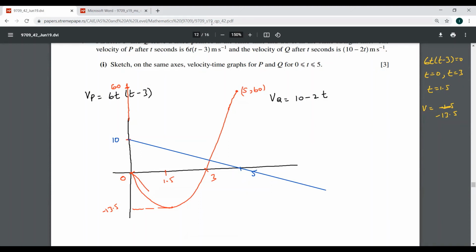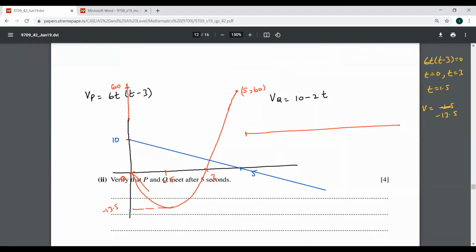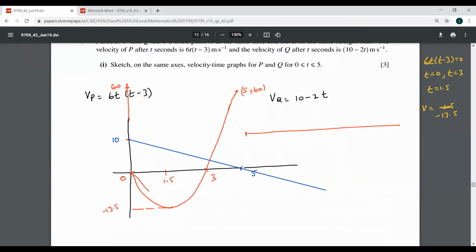That means they are going to be at the same point when the time is 5 seconds. If you go back to the statement here, it says verify that P and Q meet after 5 seconds. So basically, you have to imagine that they started, let me make this clear here.